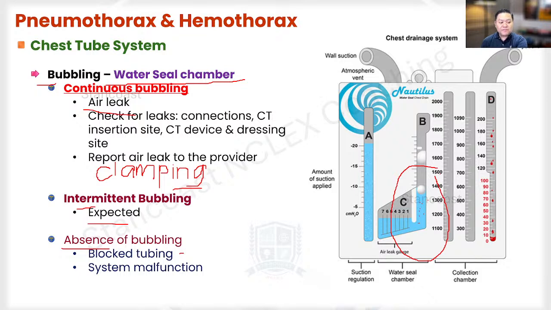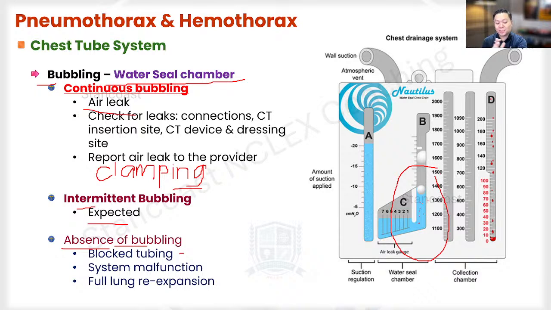However, though, if there is absence of bubbling, let's say maybe towards the 4th day, 5th day, it could mean that the patient has a resolution of the pneumothorax as well. So again, you have to pay attention to your clinical assessment in the daily progression.